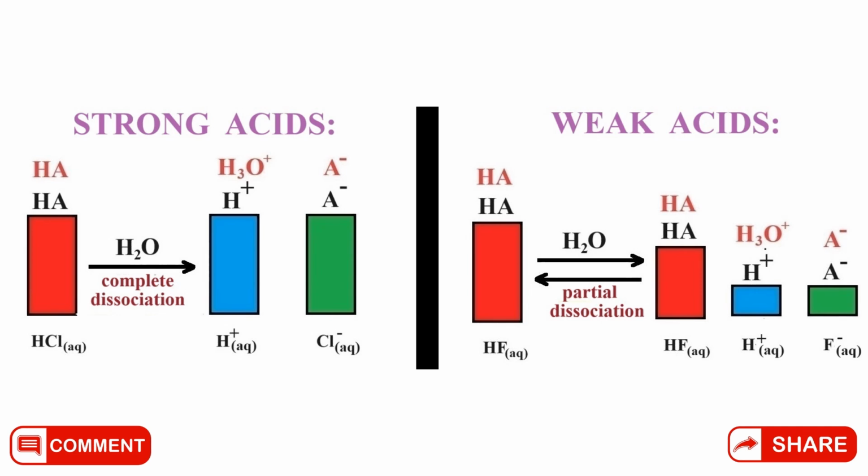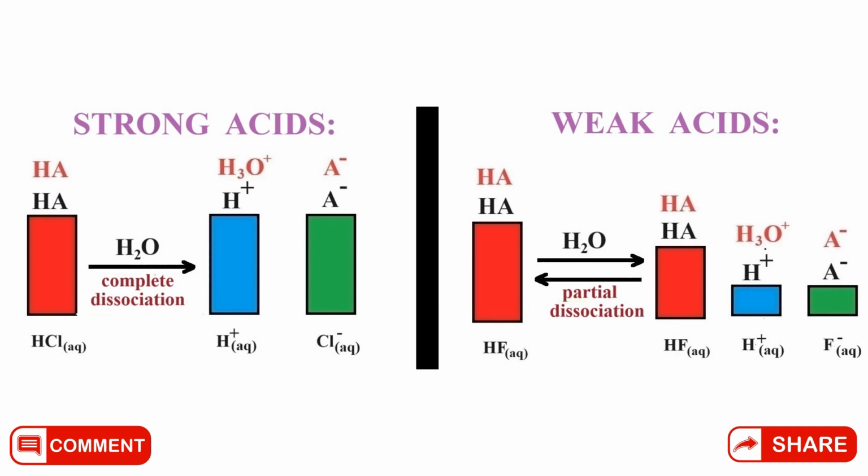Look at the bar diagram for the dissociation of strong acids. It is assumed that in the case of strong acids, acid molecules marked as HA in the diagram decompose into hydrogen cations and anions of the acid residue under the influence of water molecules. More precisely, into hydronium cations and anions of the acid residue.